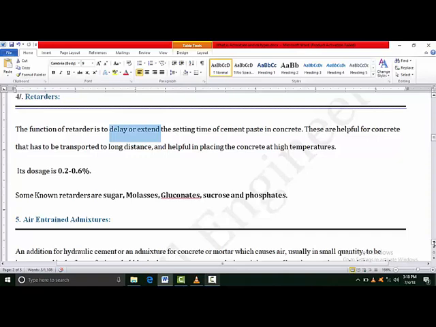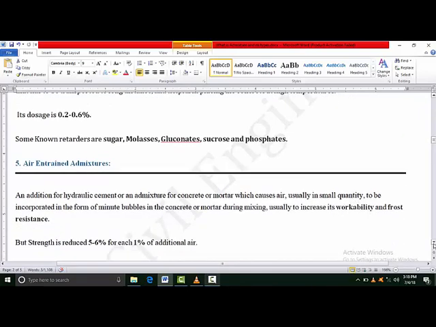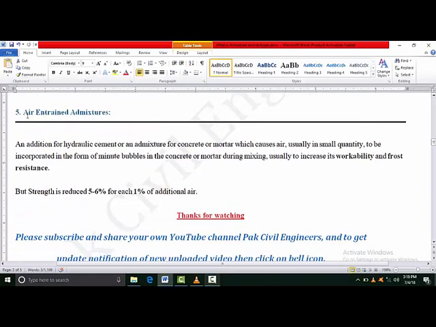And the fifth one is air entraining admixture. Some chemicals called air entraining admixtures we add in the cement, and small bubbles, small pores, are created inside our concrete, due to which our concrete becomes more workable, as well as frost resistant, okay.